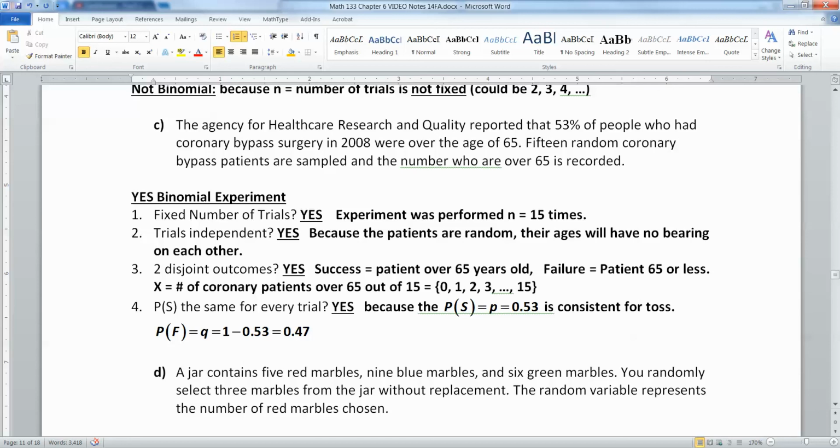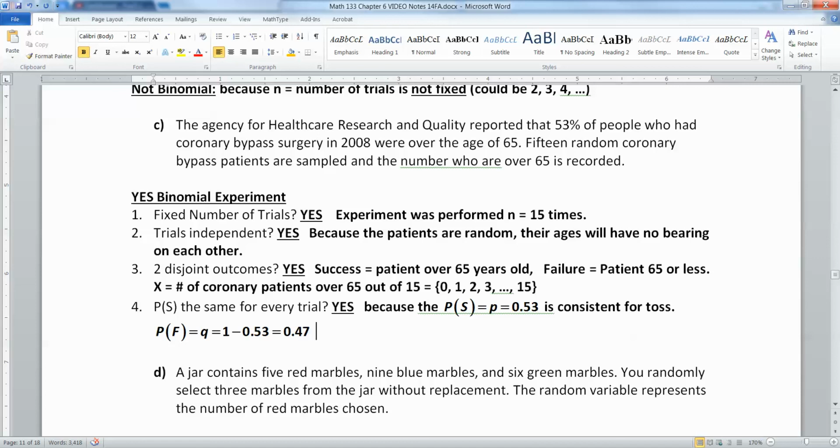Are there 2 disjoint outcomes? Absolutely. Either the patient is over 65, that's defined as our success because that's what we're looking for, that's what we're recording. And then failure would be the patient is 65 years old or less, right? Over 65 means they can't be 65. So they gotta be 66 and so on. And then X would be the number of coronary patients over 65 out of 15. So that goes everywhere from 0 to 1 all the way up to 15.